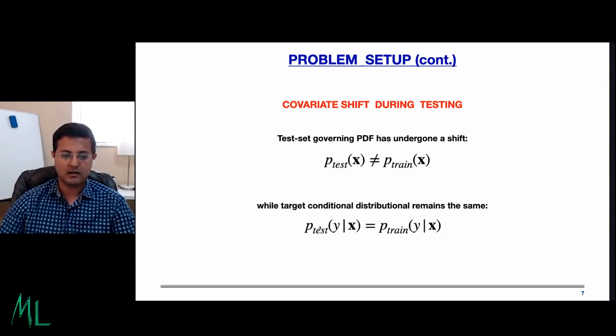That is, the P of y given x remains always the same in both test and train. So this is the basic definition of covariate shift, and it is a very common problem in modern applications. It is also a good way to judge uncertainty frameworks, because you can judge them by their ability to detect these covariate shifts during testing.